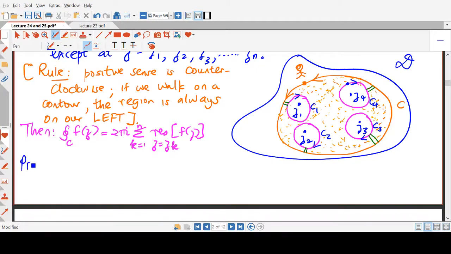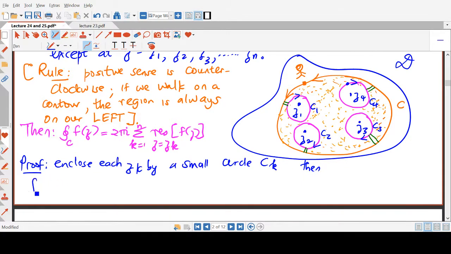The proof is easy. I said enclose each zk by a small circle Ck. Then the contour integral along C of f of z minus the sum of all these integrals, f of z dz from k equals 1 to n along each Ck, will be 0.